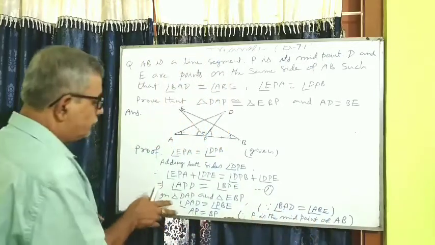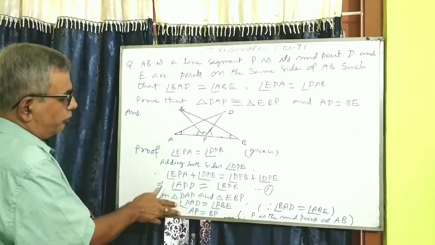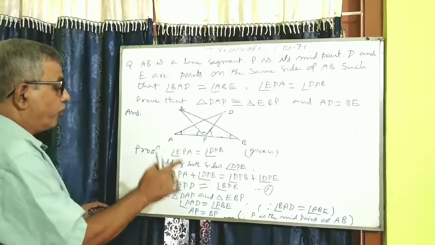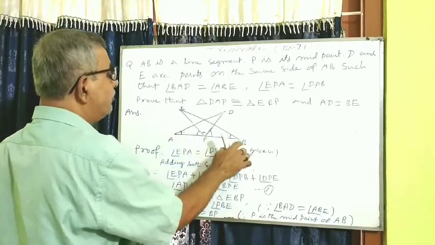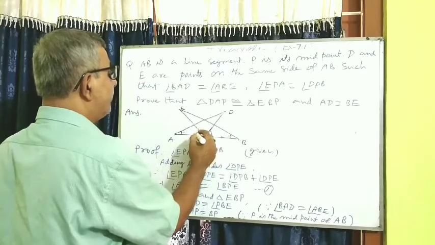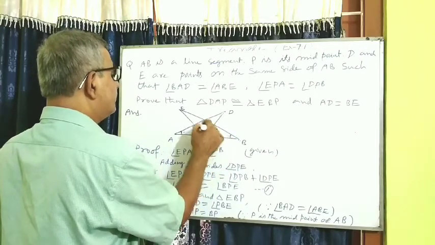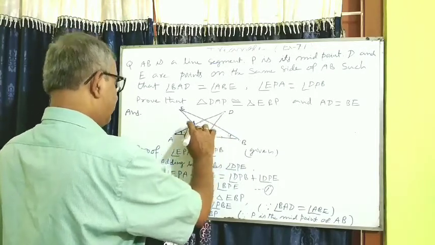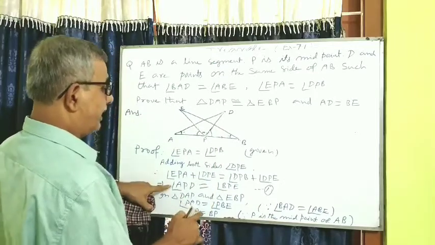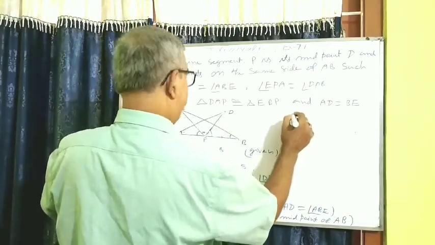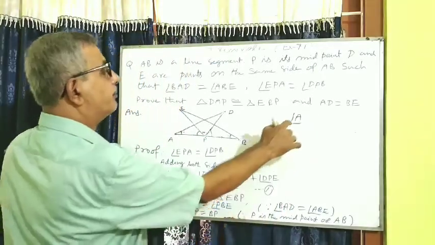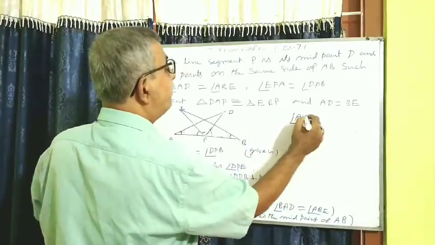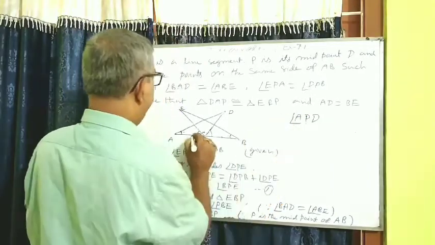Now you see, two parts you got to make the triangles congruent. Now one more is required. So this angle is equal to this angle, and AP is equal to BP. Now you see this angle is equal to this angle already. We have drawn angle APD. I don't have space, so I am writing APD here.